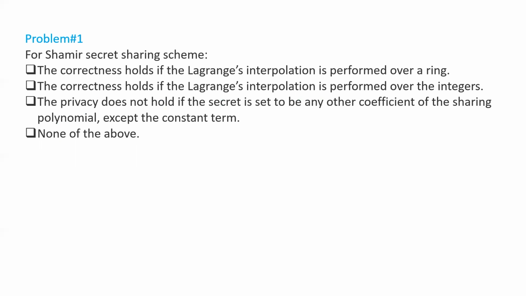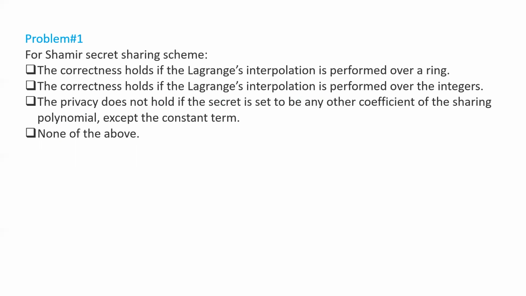If you see the construction of Lagrange coefficients, during Lagrange interpolation we multiply the secret shares of each of the participating T parties during the recombination phase with the Lagrange coefficient.